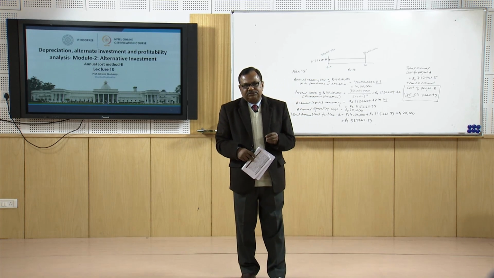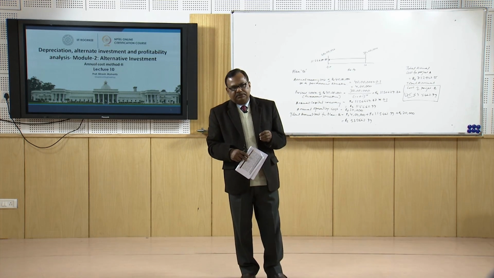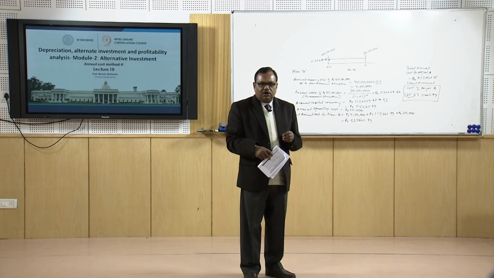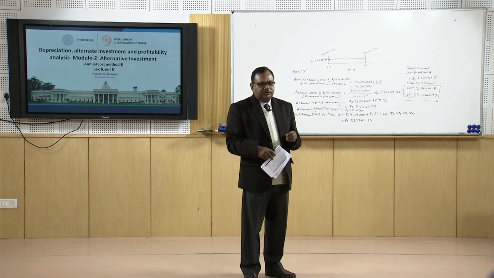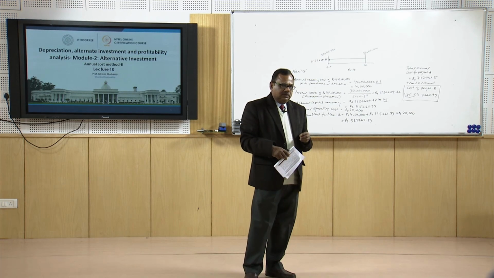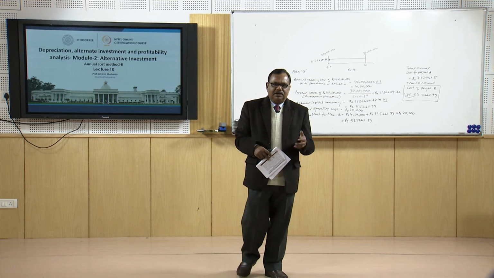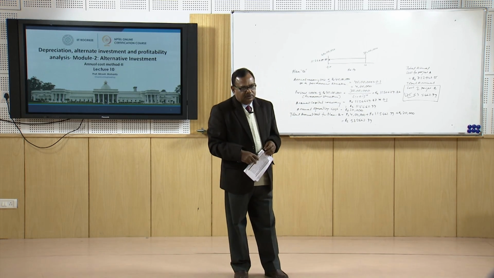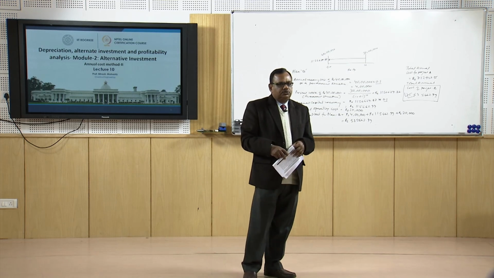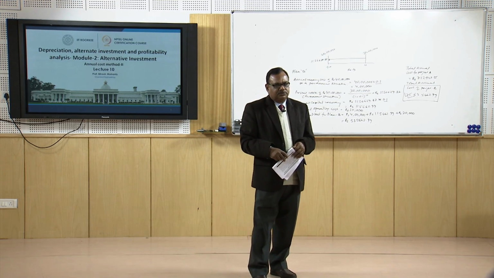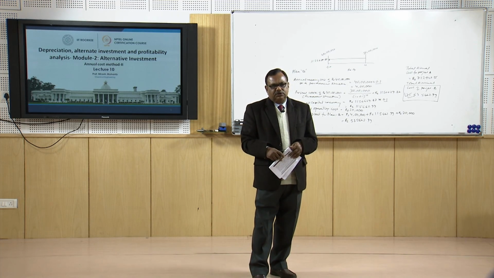In the present lecture, I have taken one of the methods, which is called the annual cost method, to tackle such problems and to select one of the alternatives from mutually exclusive alternatives. In this annual cost part 2, we have taken some difficult problems and we have shown how to tackle them using the annual cost method.